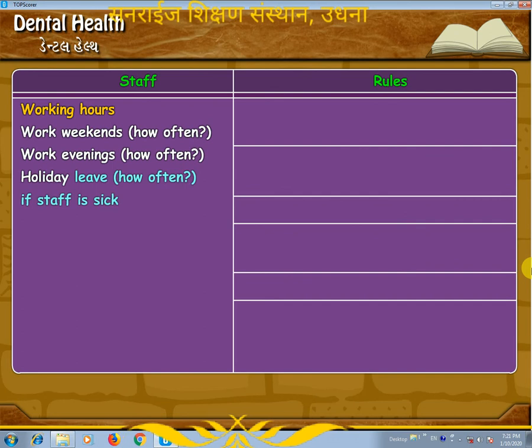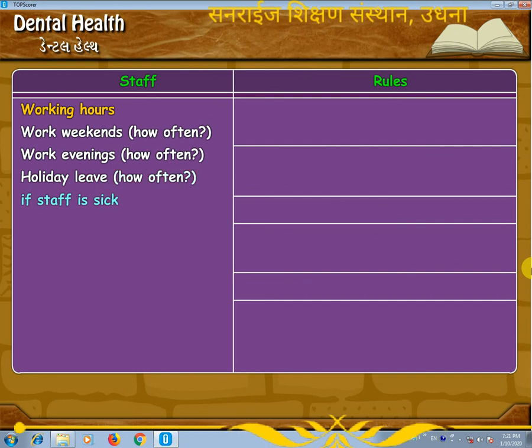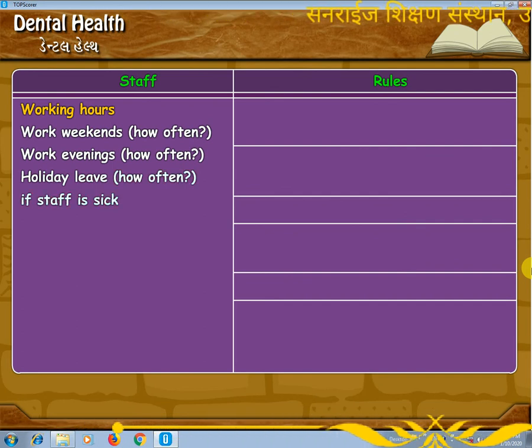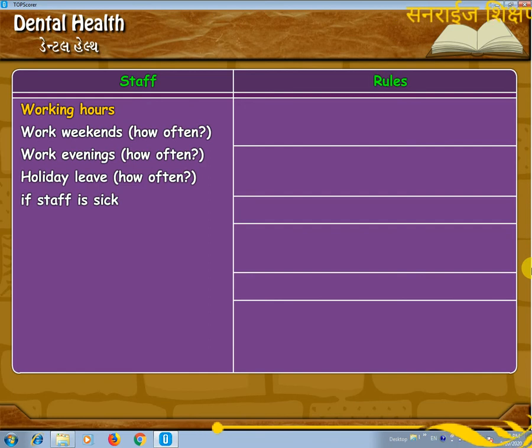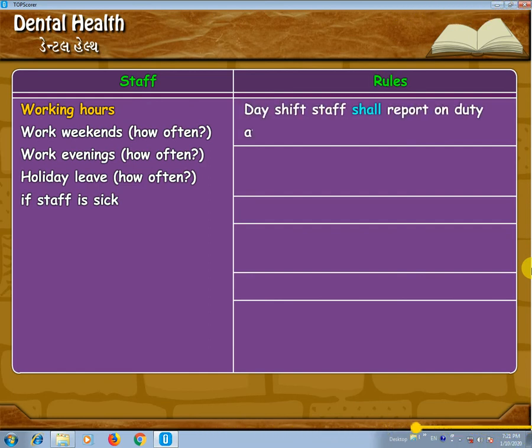Staff must submit an application for leave. Staff shall get 1 day off in a week. In case of sickness, staff must submit a medical certificate along with the leave application.